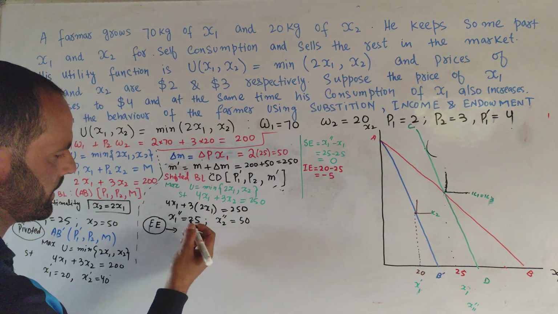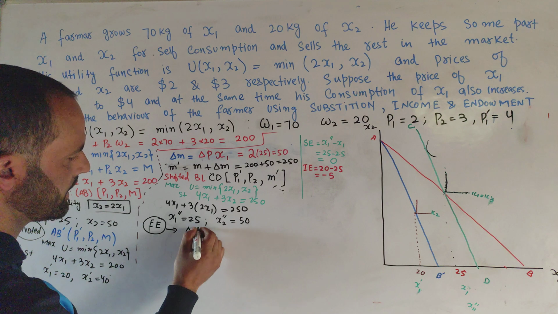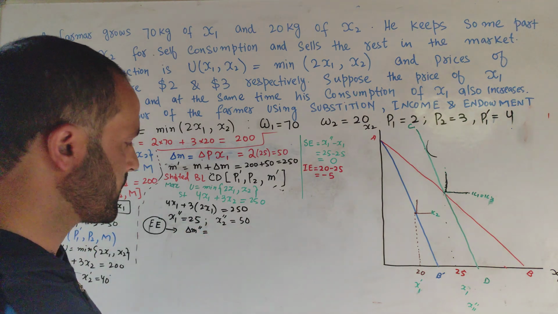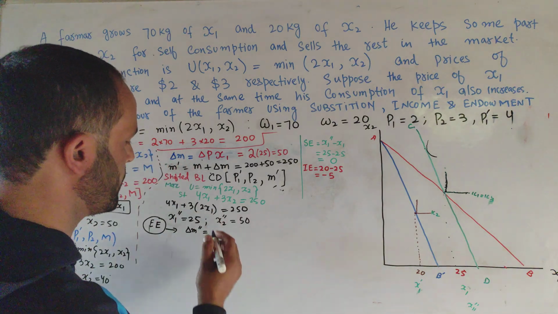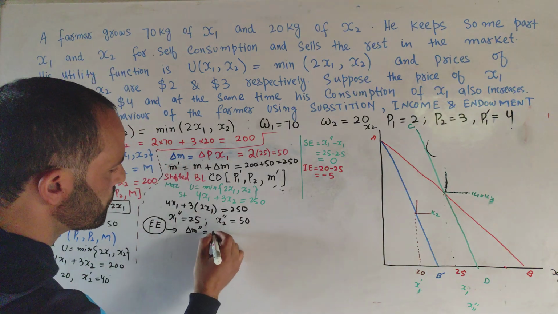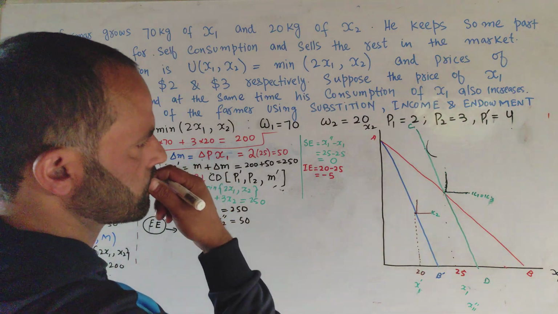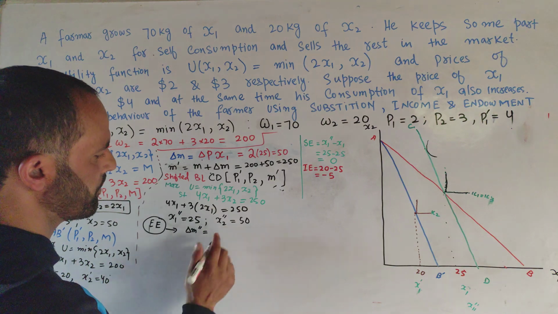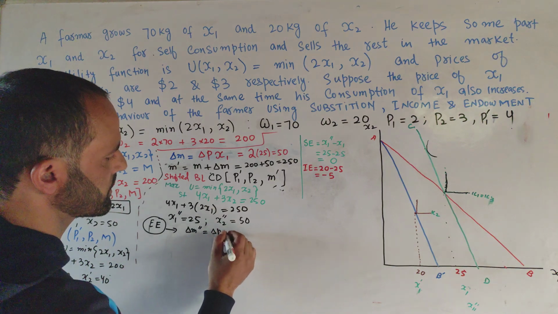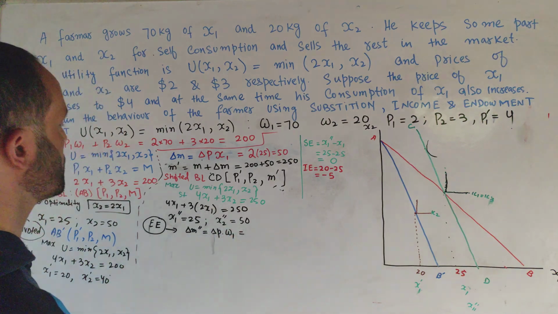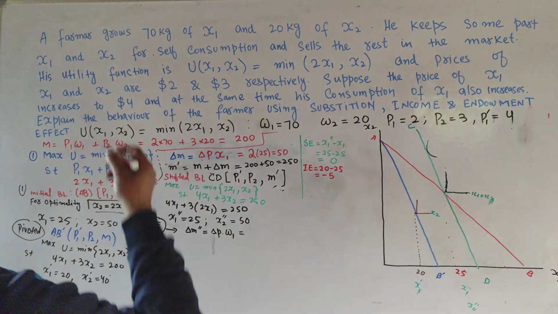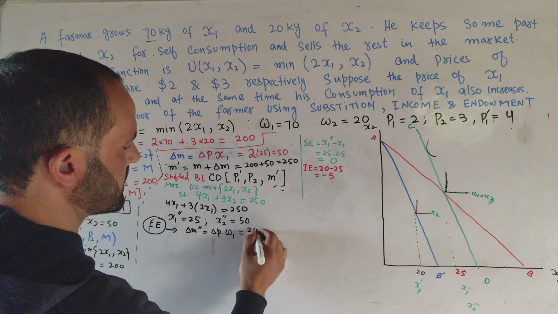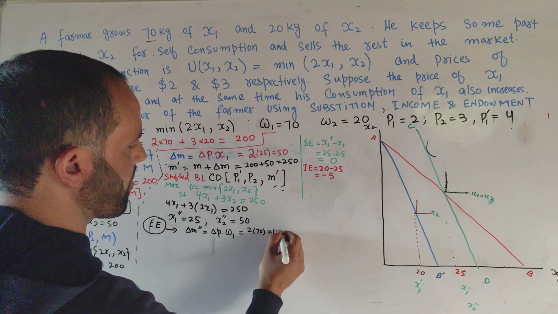So let us denote by del m, that was prime, double prime. Change in the endowment income will be equal to the change in the price, that is del p, times the initial endowment. Change in the price is 2, because endowment is again 70, so 2 into 70, which comes out to be 140.